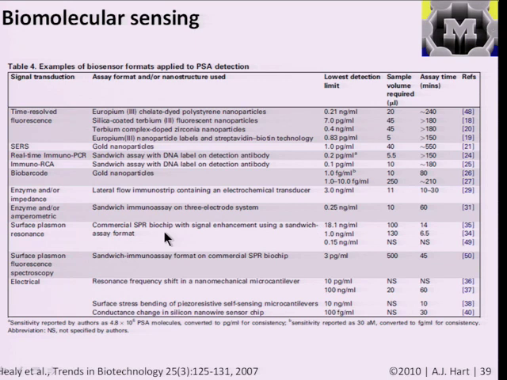So it has something resonant, and you attach this PSA to that, and you bring that in proximity to the surface. It can detect concentrations on the order of nanograms per milliliter, which is getting to be competitive with other techniques that have been used for a while as well.